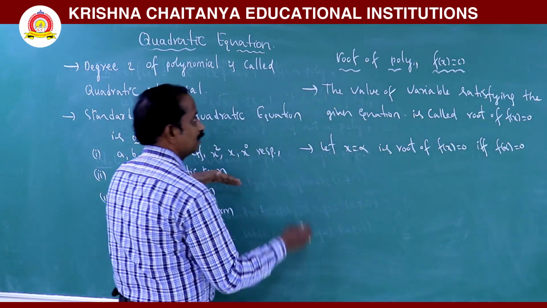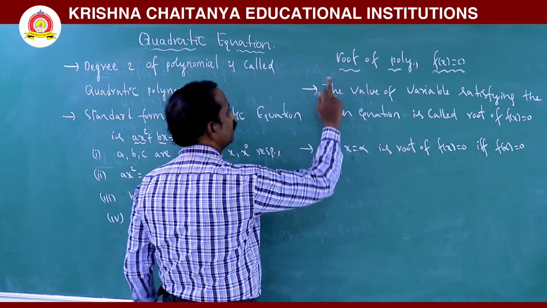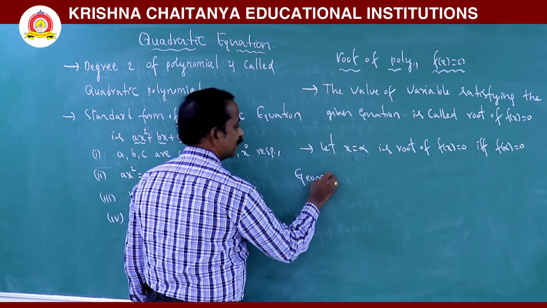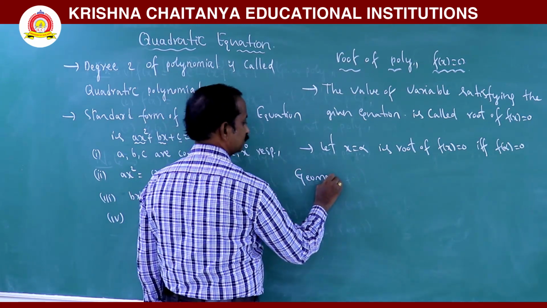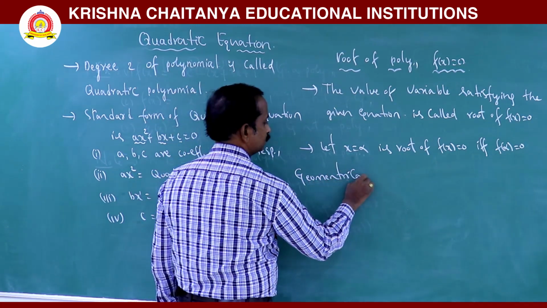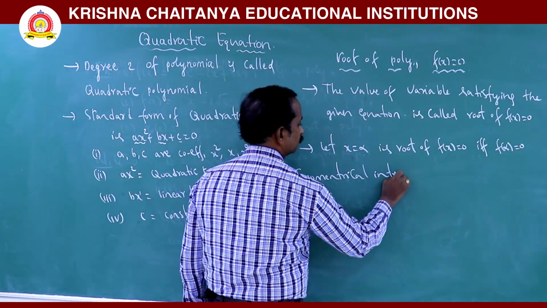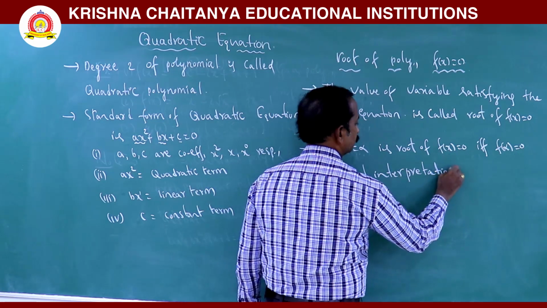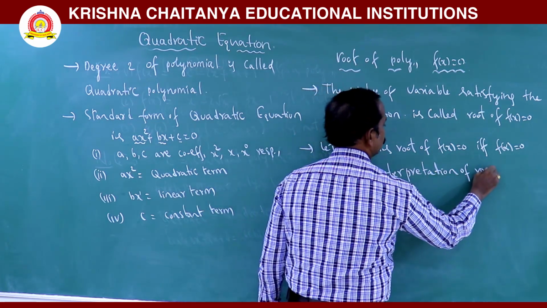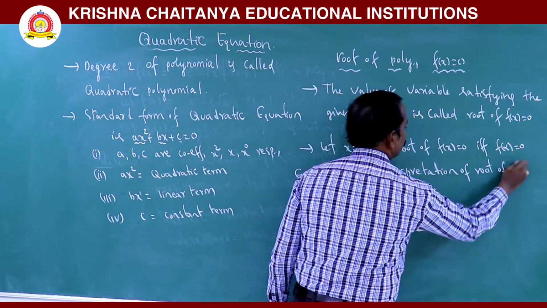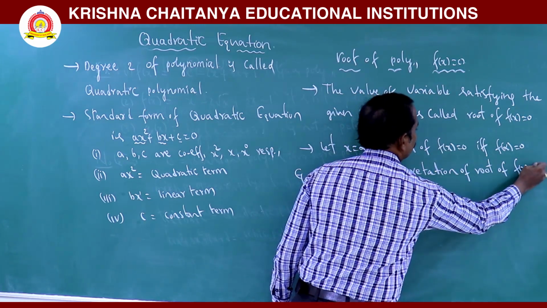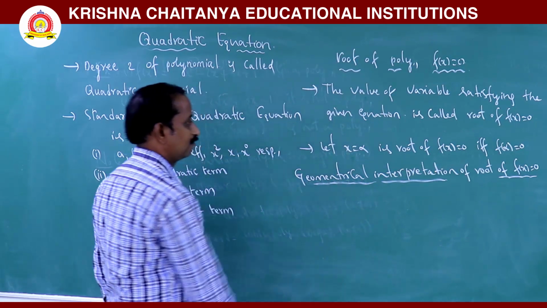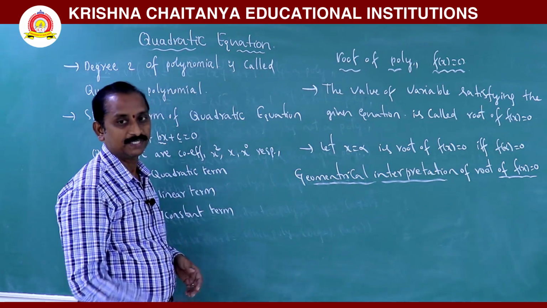Now in a geometrical way, what is the root of a polynomial? We move to the geometrical interpretation of root of f of x is equal to 0.